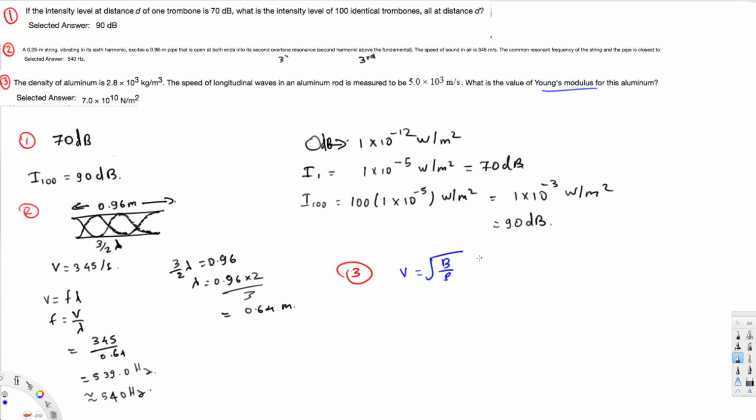Since this is in a square root, let's square both sides. So v squared is equal to B over rho.